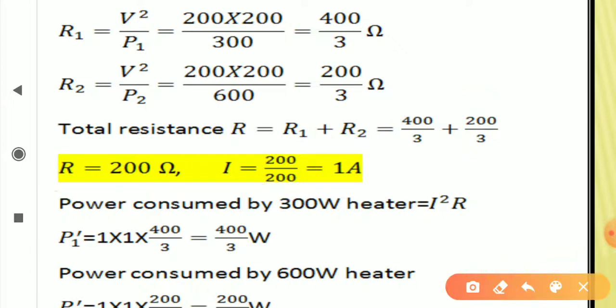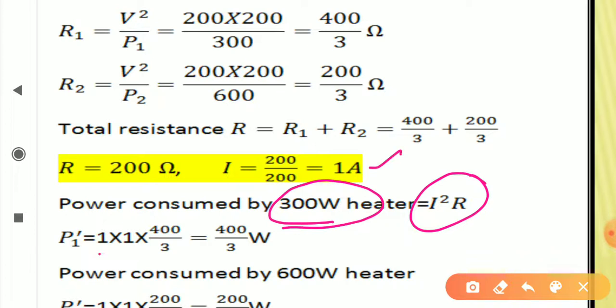So the power consumed by the 300 watt heater will be I square R, and I is 1 ampere, so 1 into 1 into R, R is 400 upon 3, that is 400 upon 3 watt.